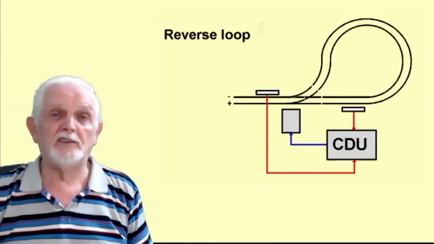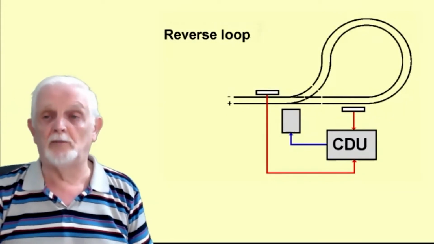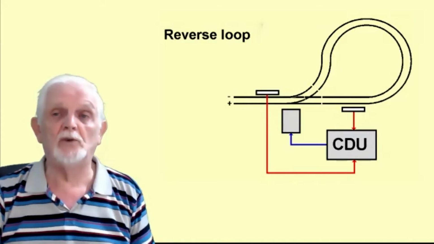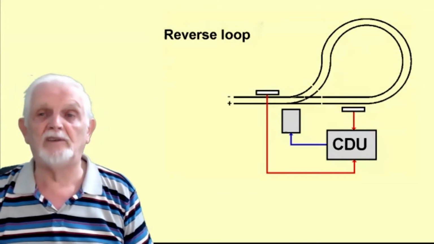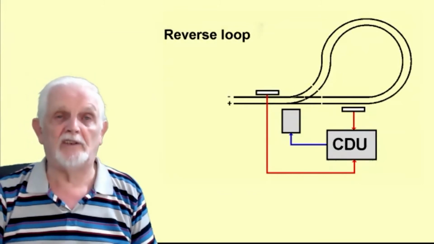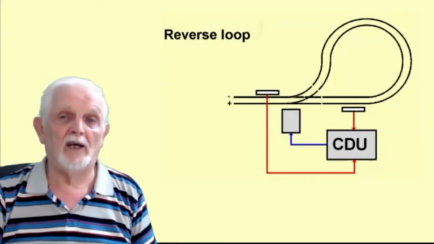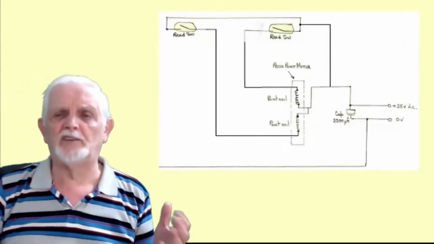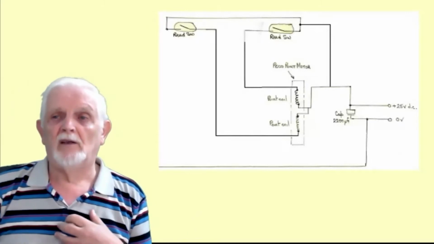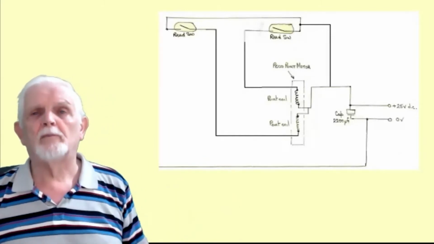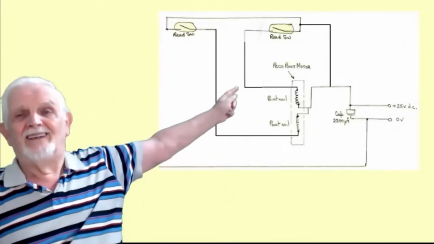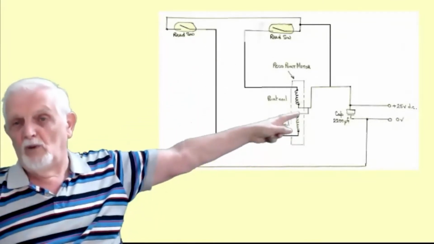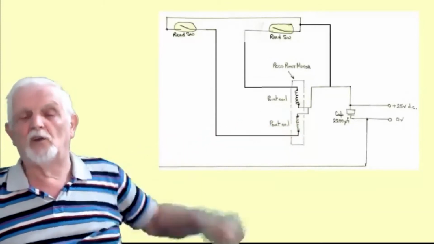If we use magnets, we can also use them for reverse loops. That's a possibility. Well, the CDU is going to operate the point, but the CDU itself is switched by reed switches. One of the members came up with this, which is a CDU, and the reed switches will then switch power through the coils.